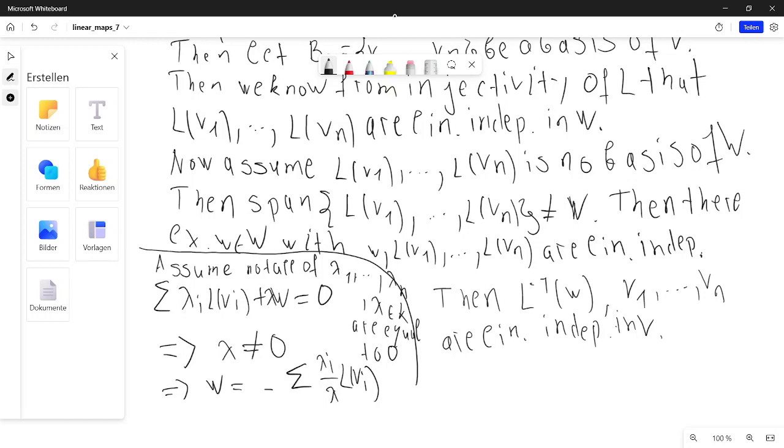That we just know because L is a linear map, and so images of anything taken in V would be linearly independent if we took them of linearly independent vectors.